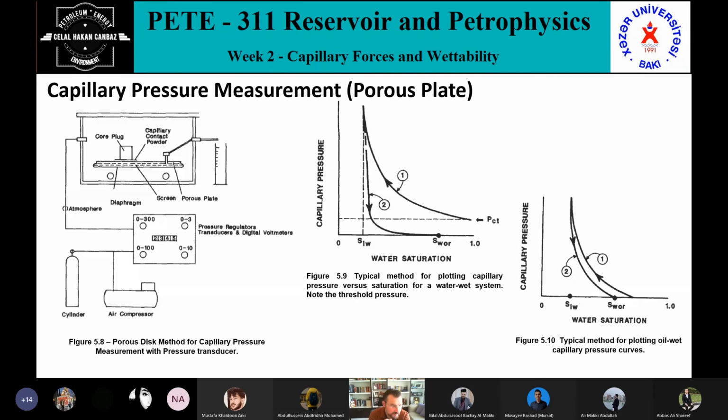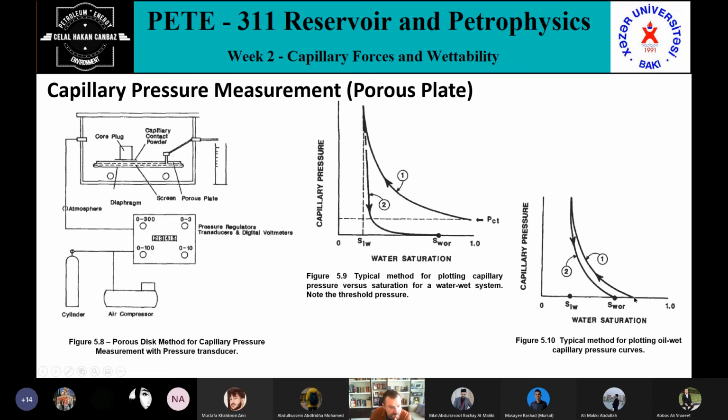Okay, first of all, let's start with this one. The first difference I see is that it started from 1,0. So it's 100% saturated with water, because the rock lets it. Your rock lets you saturate 100% with water because it's a water wet system.